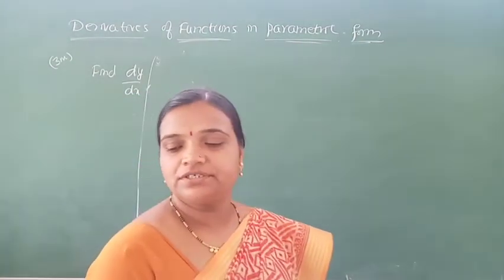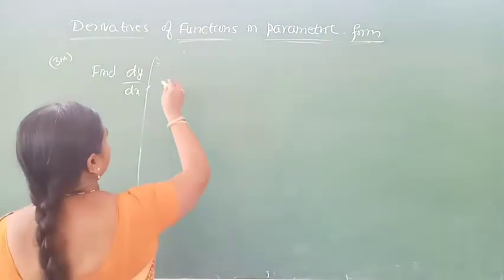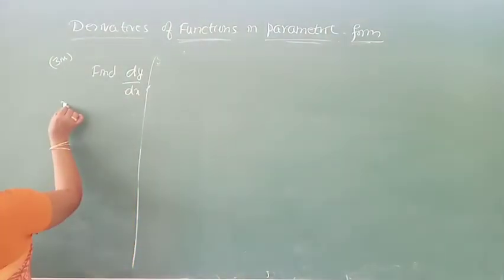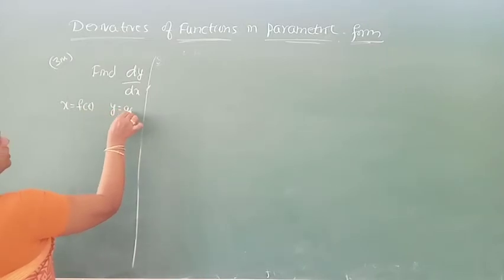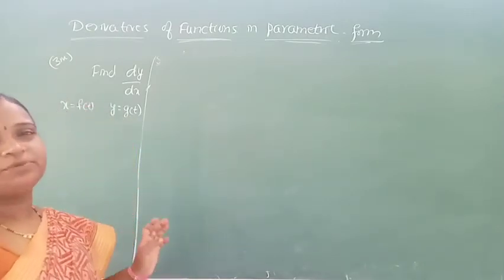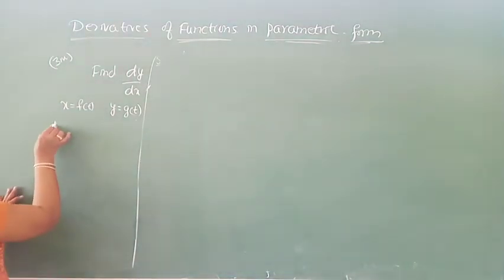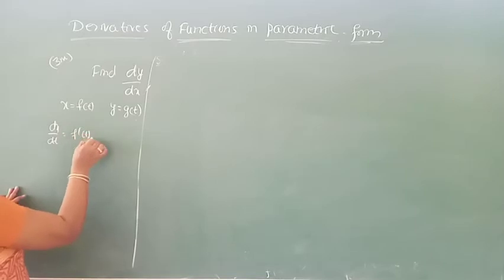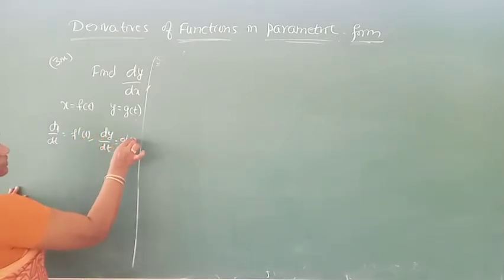Hello students, welcome to mathematics class. See, last class we discussed if x is f of t, y is g of t, meaning x and y are neither implicit nor explicit functions, they can be expressed in terms of another variable t. In that case, dx by dt is f dash of t, dy by dt is g dash of t.